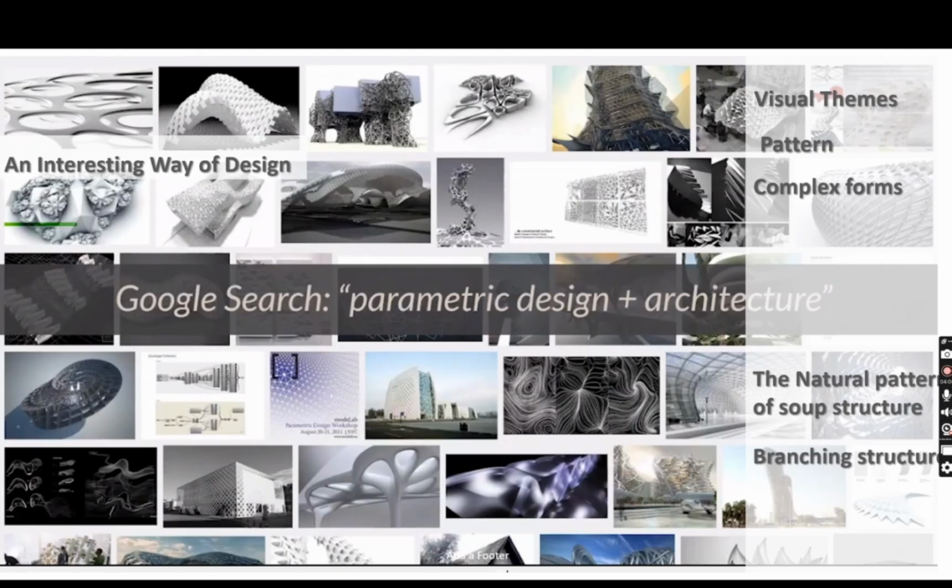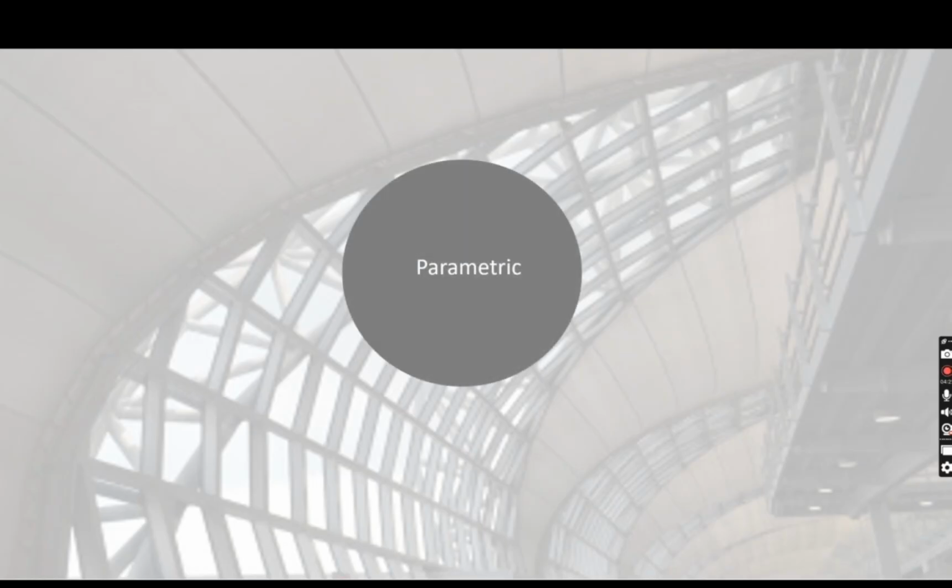You will find all these images that you can see in the photo. The visual themes, the patterns, complex forms, the natural pattern of soap structure, branching structure. You will find different forms and special forms of this kind of design.